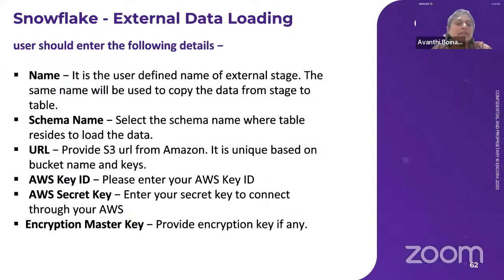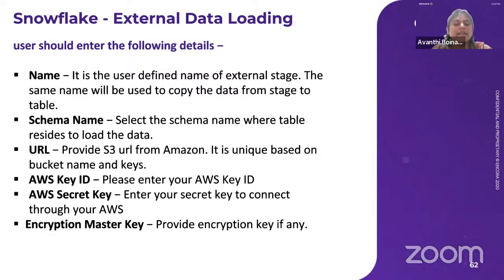The user should enter all these details before loading the data. Name is the user-defined name of the external stage, and the same name will be used to copy the data from the stage to the table. Schema name: select the schema where the table resides to load the data. URL: provide the S3 URL from Amazon, which is unique based on bucket name and keys.